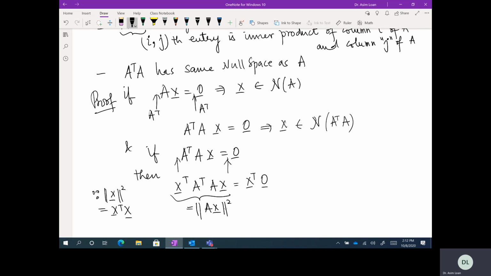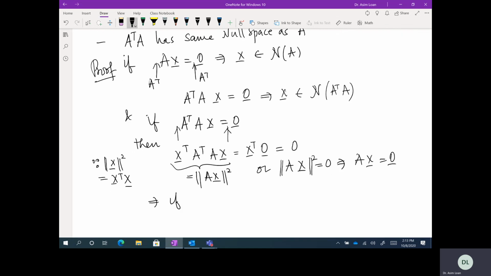So this is Ax transpose times Ax, and this is simply 0. So Ax equals 0, which implies A times x is equal to the 0 vector.